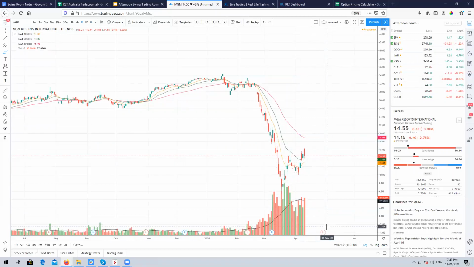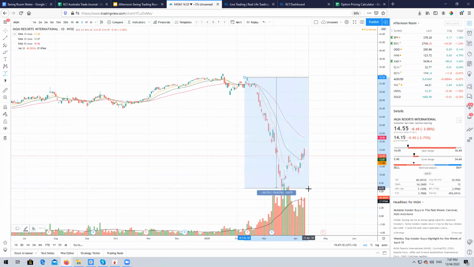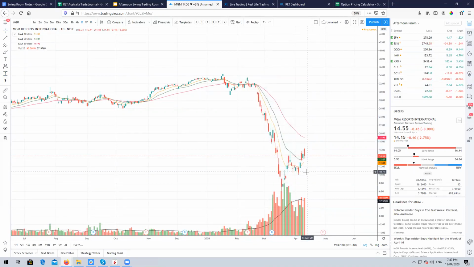And what's interesting about this is earnings is just around the corner. MGM has had a massive drop of about 80%, and then a nice little push higher, and they have closed their casino, so no one's really making money.